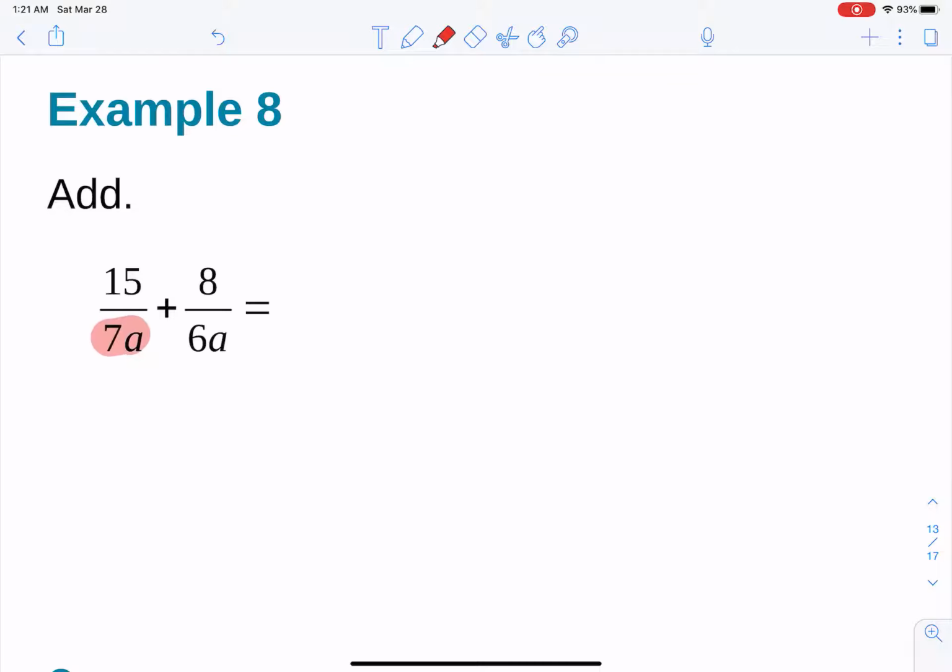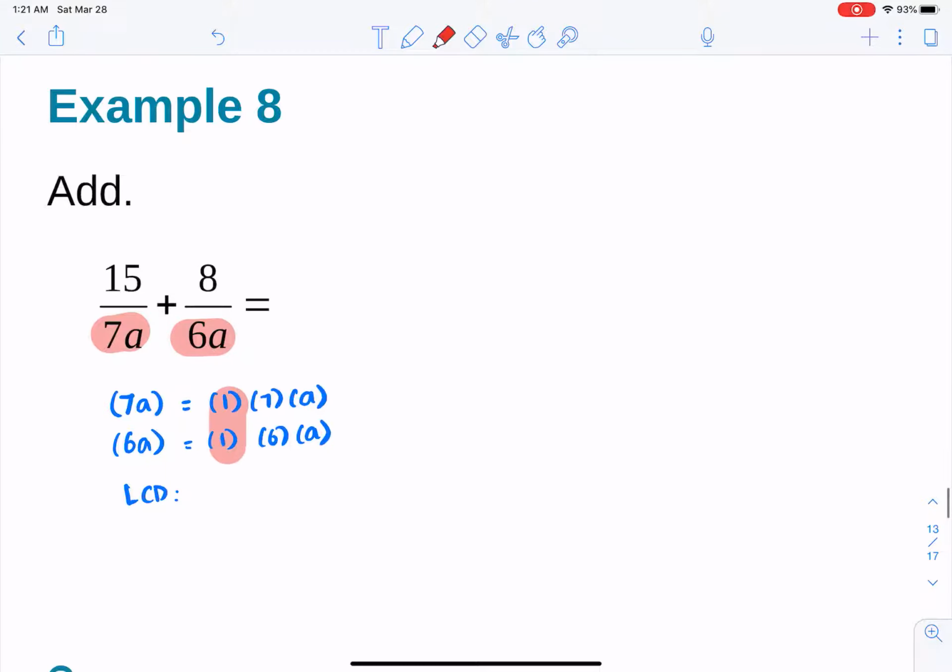So here we have two distinct denominators. So let's write 7a as 1 times 7 times a, 6a as 1 times 6 times a. So the LCD would be the common factor 1, the common factor a. 7 and 6 have nothing in common, so we simply write it down and we end up getting 42a.